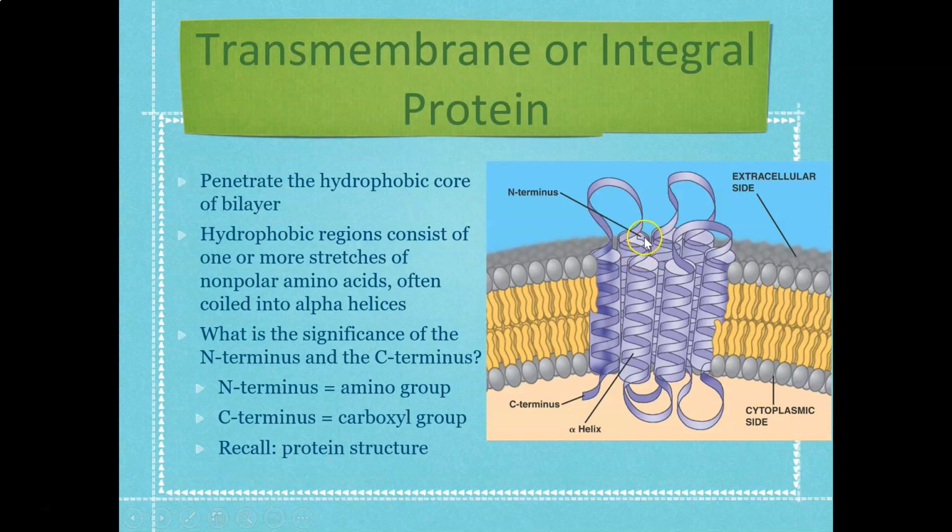Now, keep in mind that there's a start and end to these proteins. And so this is just kind of a review of your basic protein structure. We've got that N terminus, right? This is where that amino group is at the end. And then your C terminus is your carboxyl end. So remember that there's directionality to the way that those proteins are formed and the way that they fold.